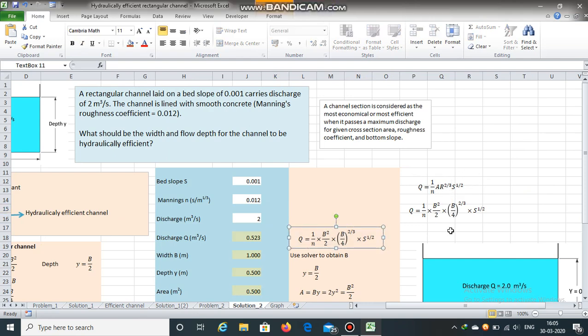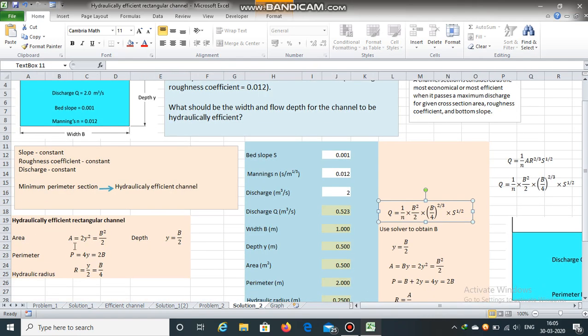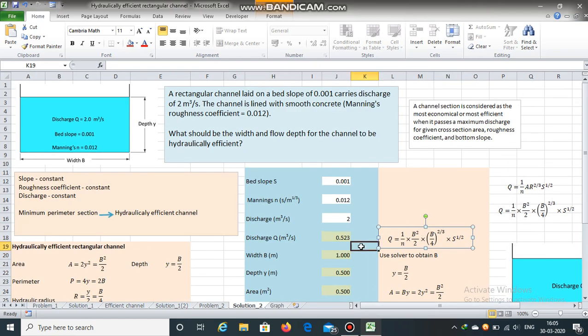We substituted the equations of area and hydraulic radius. A is equal to B square divided by 2, and hydraulic radius R is B divided by 4. Now Q should be equal to 2 meter cube per second.